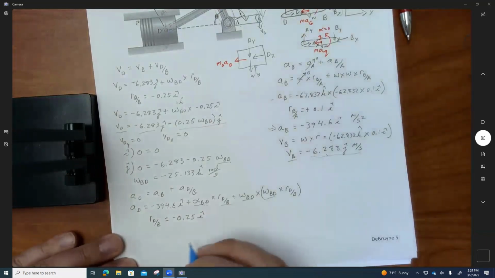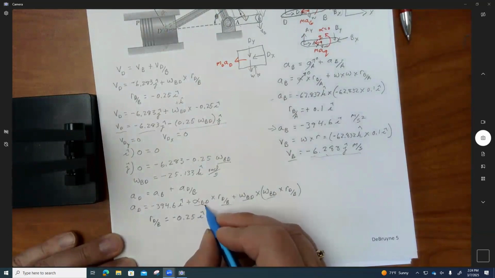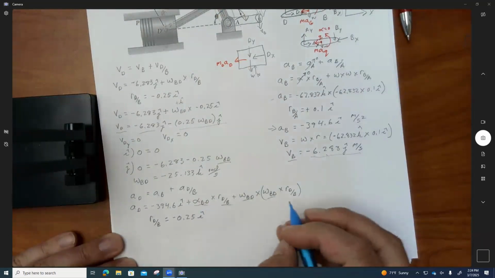All right. So let's look at this term right here.